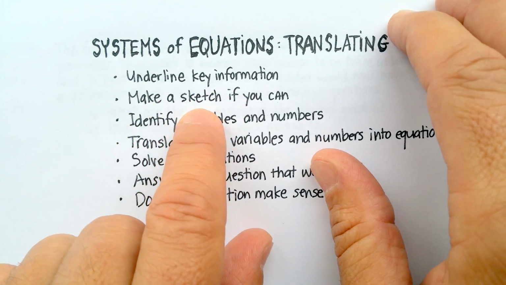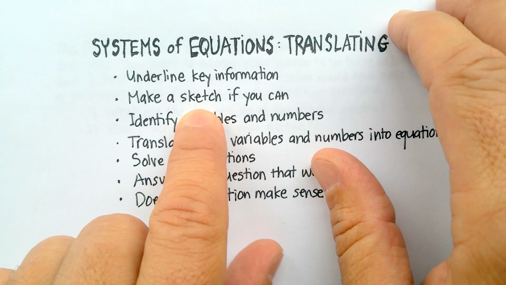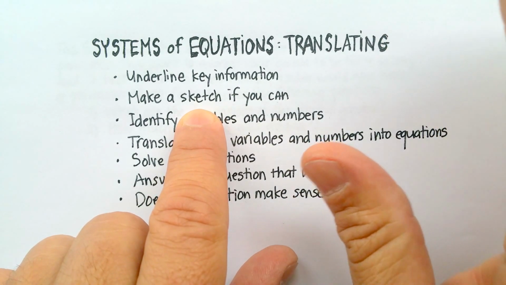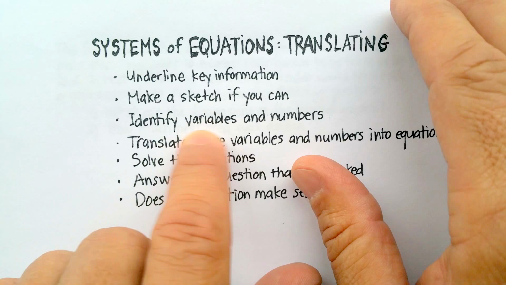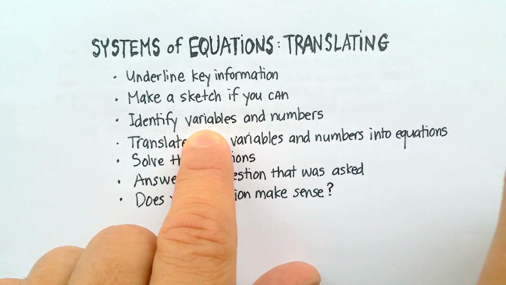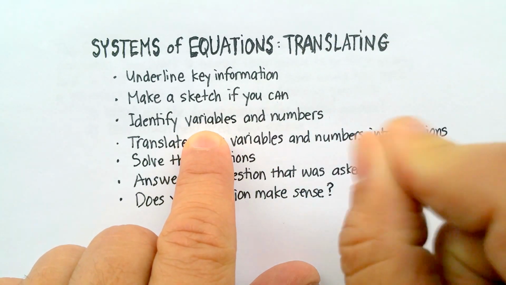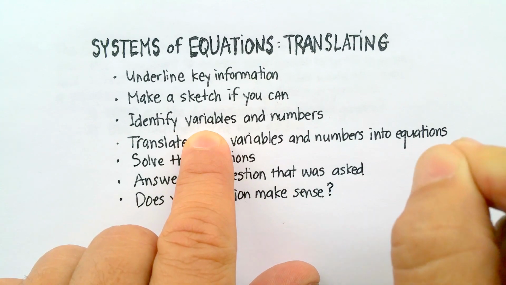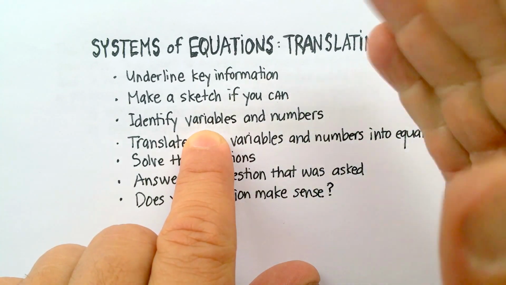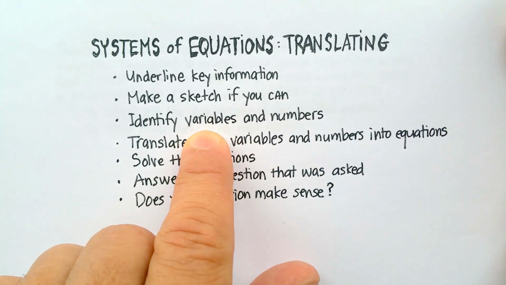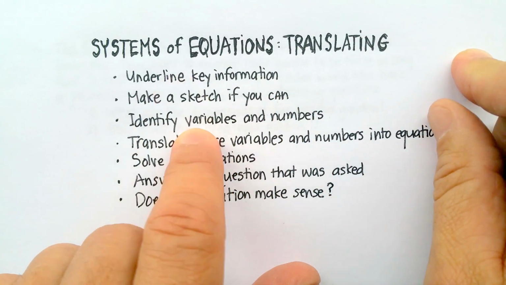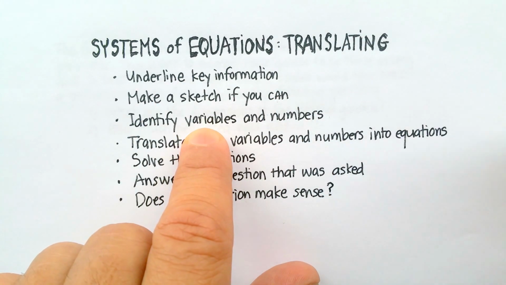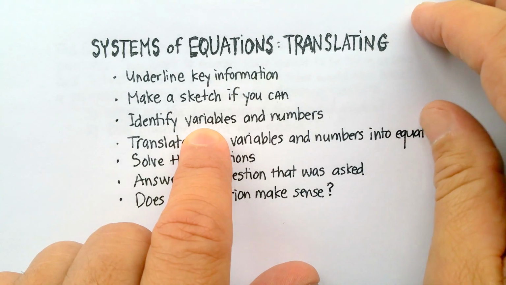I try to make a sketch if I can, to describe what those shapes might be. I also try to identify what variables and numbers are in the text, so I'm just underlining those things. Like, for example, X would be the number of trees. So I'd say number of trees, and I would just underline it and give it the variable X, since I'm looking for the number of trees, okay?